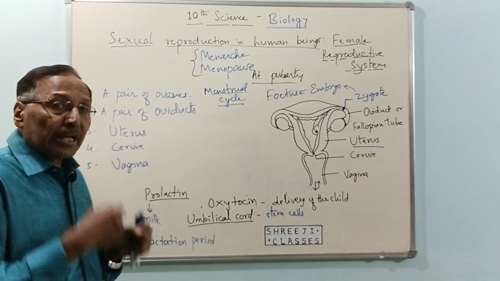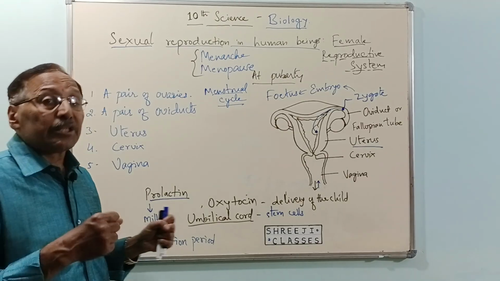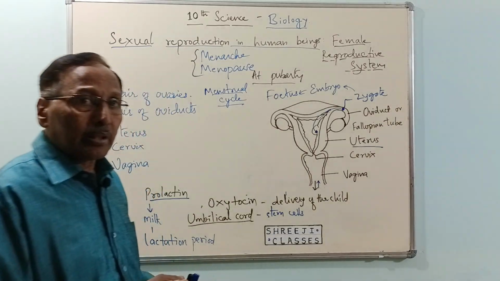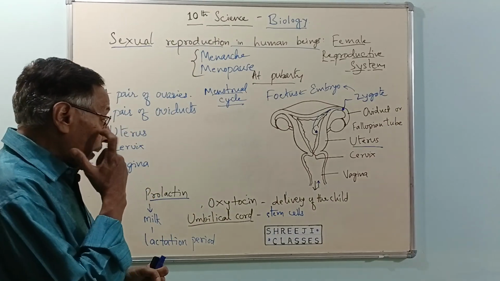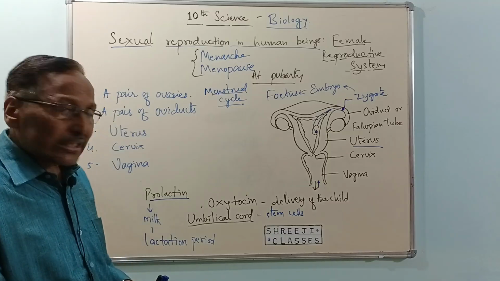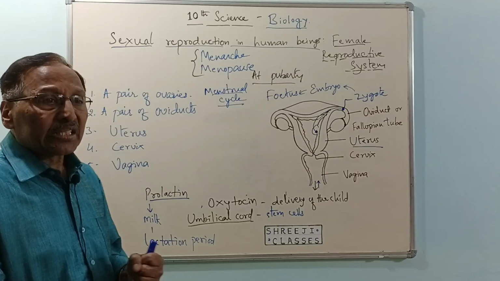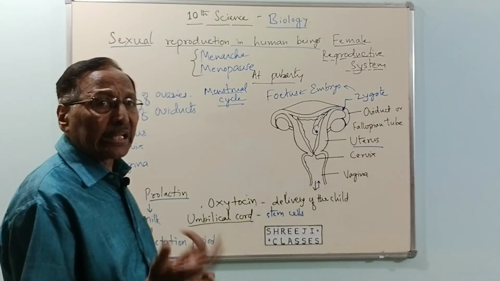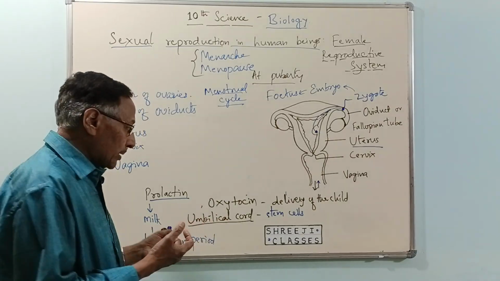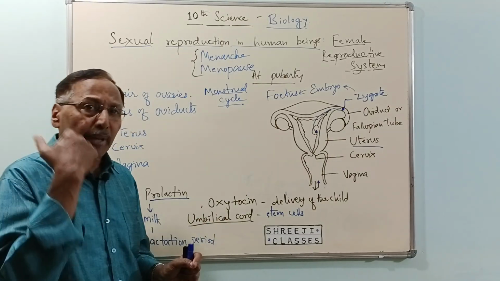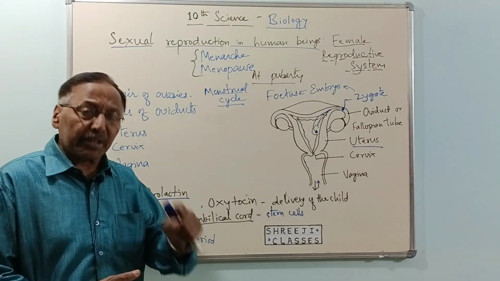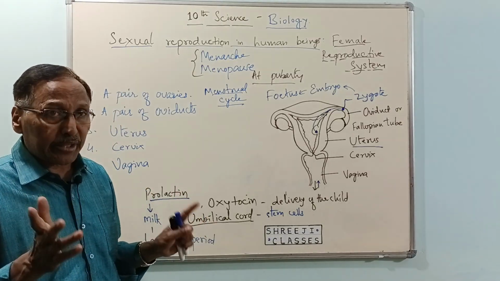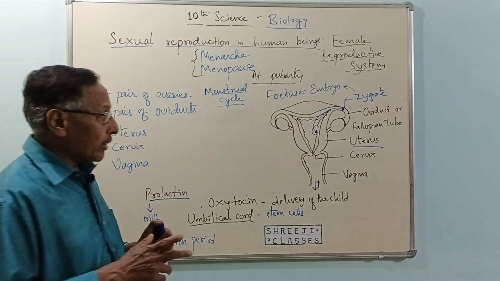It helps in getting the immunity. It contains the proteins, right? The child deprived of mother's milk after birth suffers from nutritional disorders and lack of immunity and is very weak. Alright?